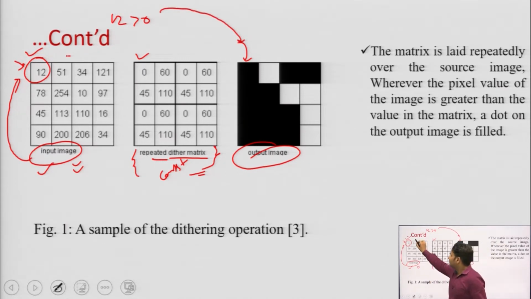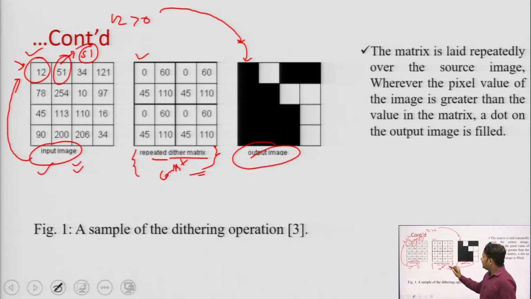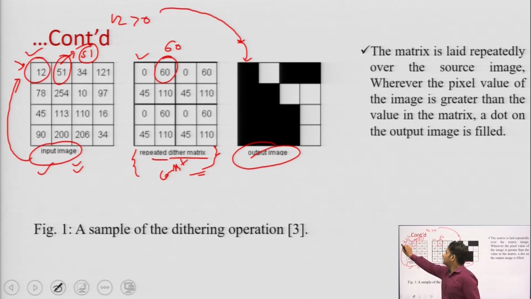Now see this one. This pixel has a 51 value, and the dither matrix is loaded with the value 60 for the same pixel, which is the first row and second column.